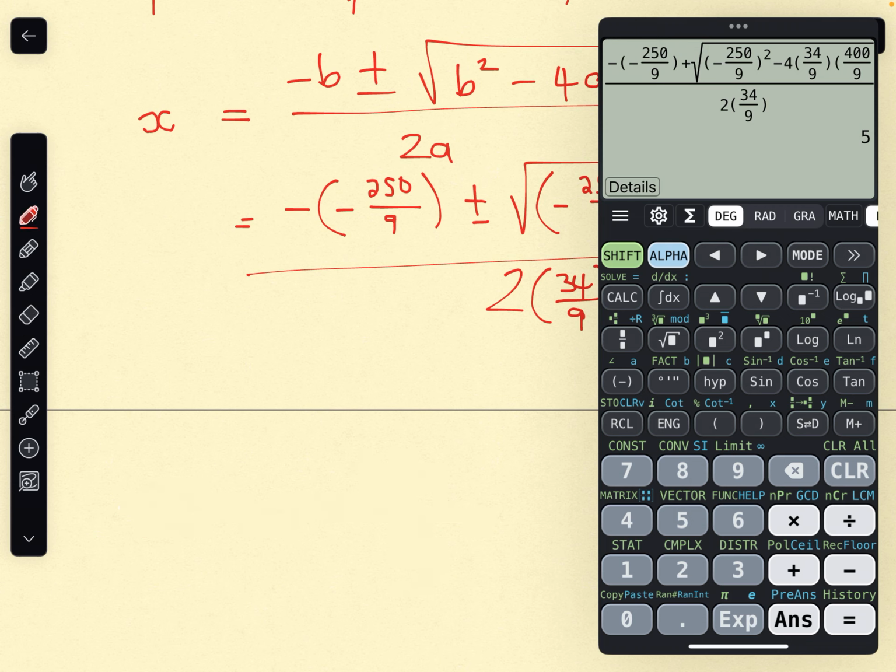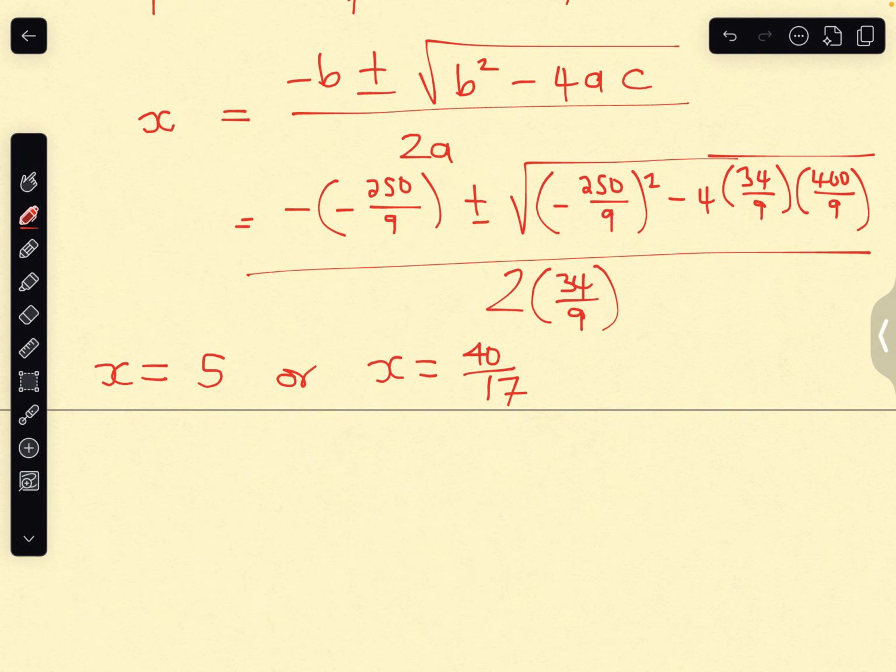The one solution is that x is equal to 5, or the other solution would be, if we minus, x is equal to 40 over 17, which is about 2 comma something. Right, so that would be the x coordinate of C. So we know that the x coordinate of D is 5. The x coordinate of C would then be 40 over 17.